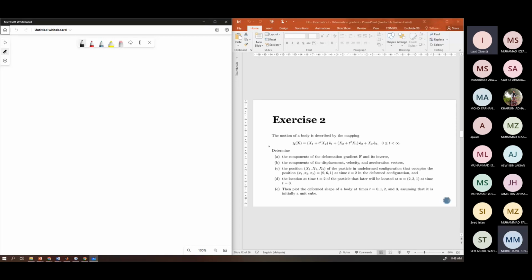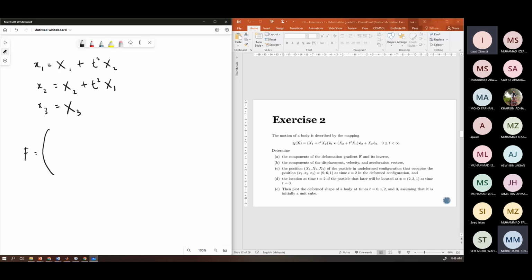From the motion, you can split it into three components first. If you find that this equation is confusing, it is better to separate them. So if you separate, you get this. The deformation gradient is just differentiating: for the first row, differentiate x1 with respect to big X1, big X2, and big X3.